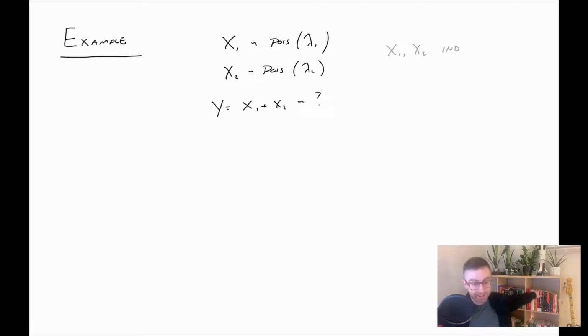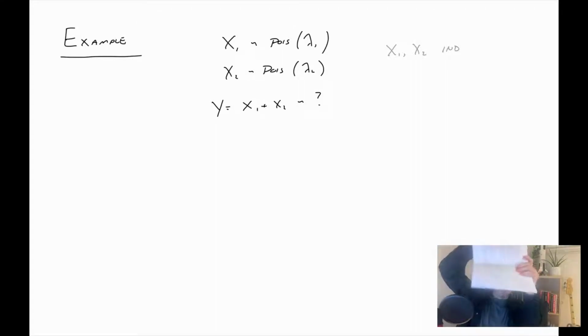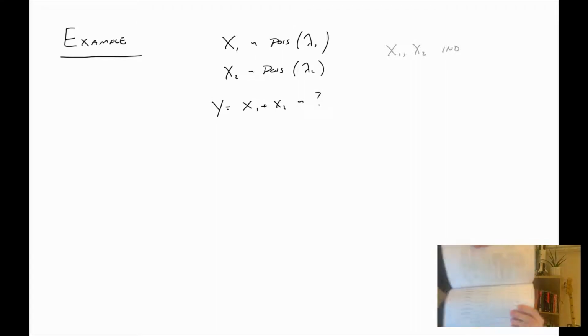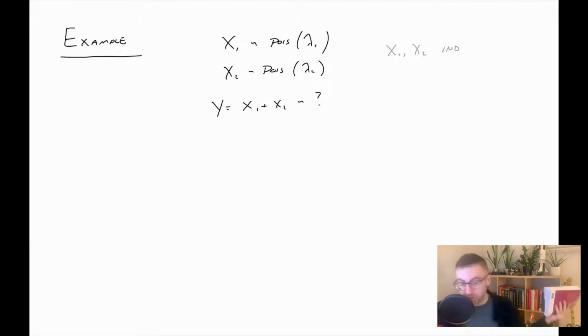So instead, pull a book off the shelf, go to a table in the back of the book. Should really bookmark this. You probably won't be able to see this because my camera's not very big, but one of the columns on the end here is exactly the moment generating function for well-known distributions. Unless we ask you to use the definition to derive it, you can go ahead and look it up. Okay, so let's pretend that I did that.